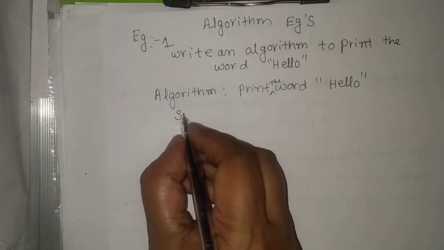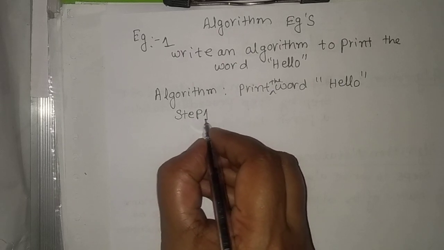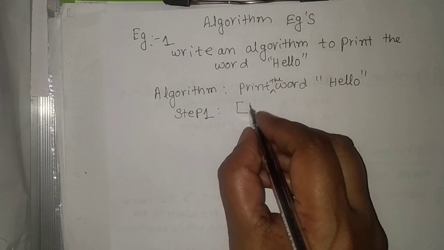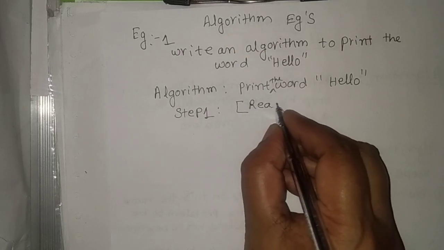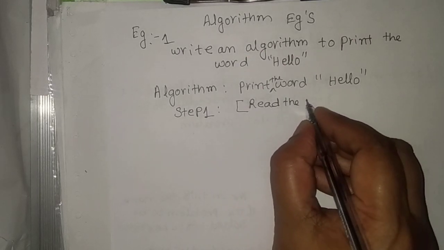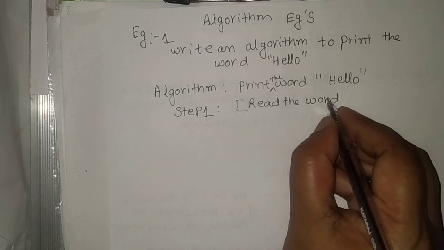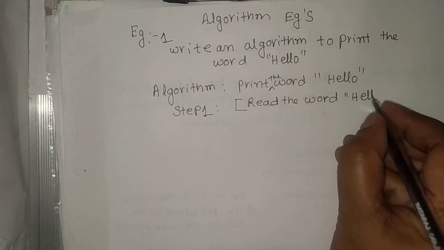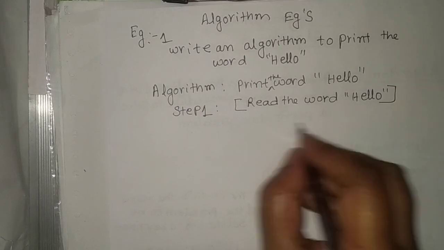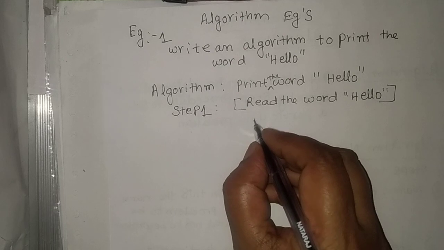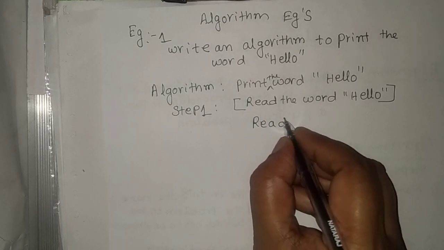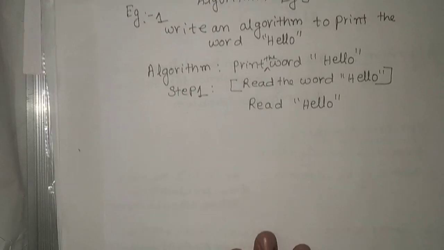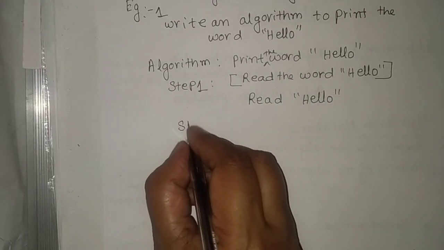Next, step 1: read the given word. Any comments can be written in the square bracket: read the word hello. Close the bracket. Next, the read statement. We can write it as read hello.